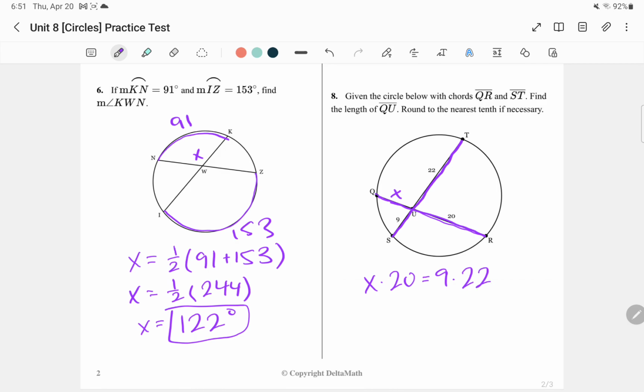Again, x times 20 because it's on that same chord, and equals 9 times 22 because those two numbers are on the same chord. All right, so x times 20 is 20x, and 9 times 22 is 198. I draw my line, and the last step is just to divide by 20. I'm going to get a decimal, so 198 divided by 20 gives me 9.9.